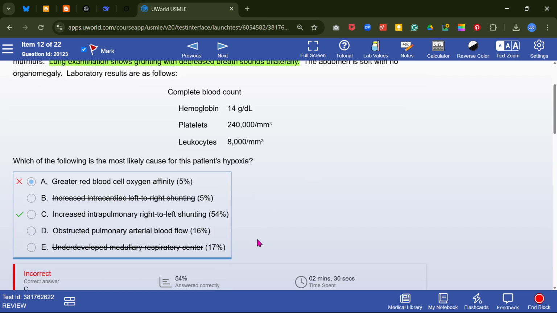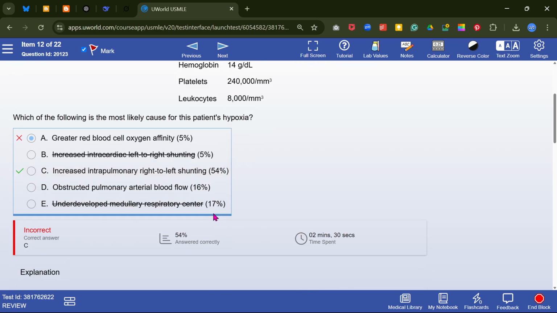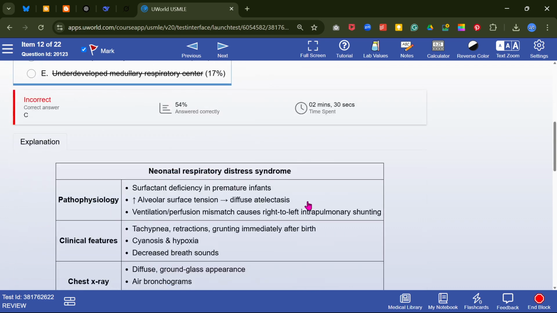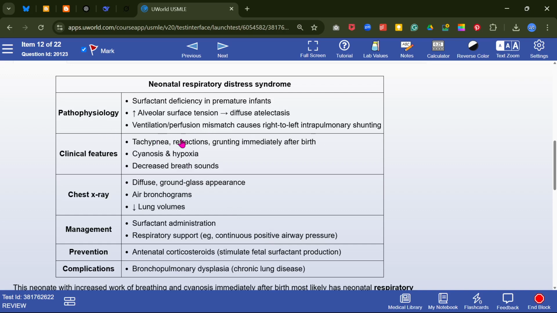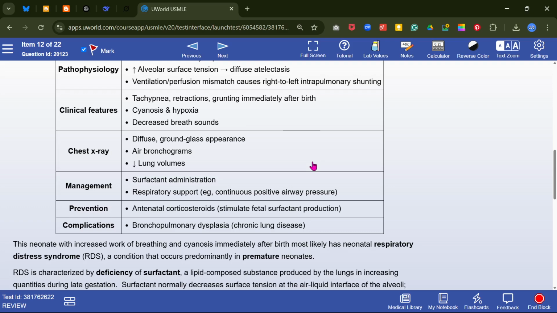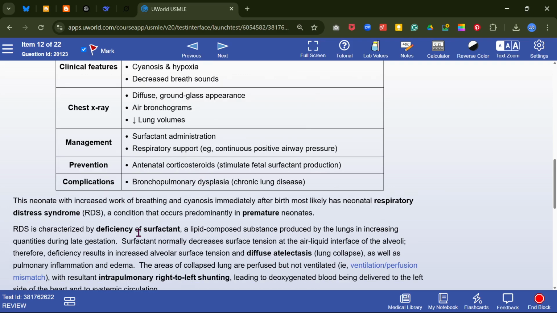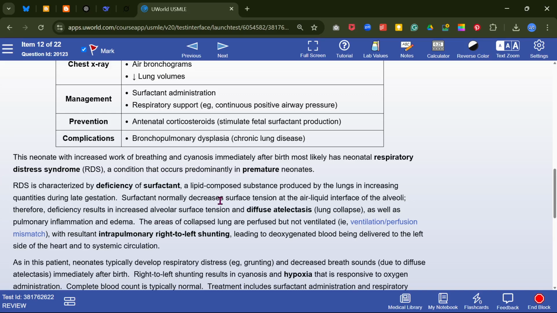Here there is increased intrapulmonary right to left shunting. So there is ventilation perfusion mismatch due to right to left shunting. NRDS is a deficiency of surfactant.